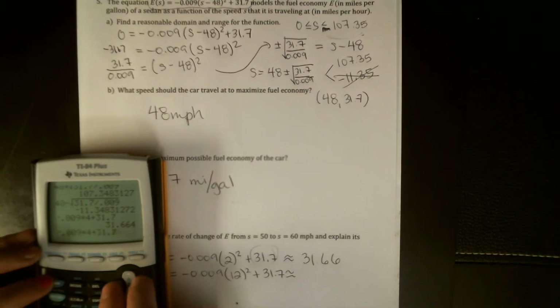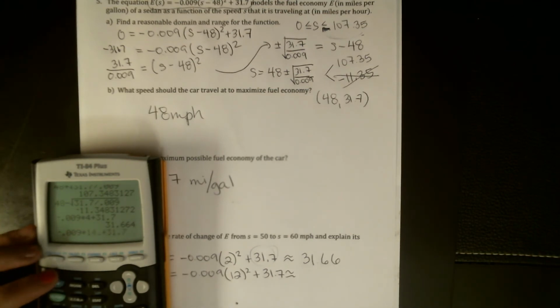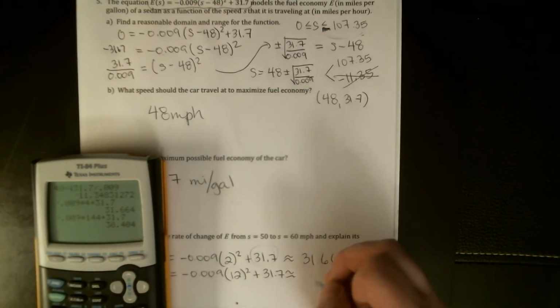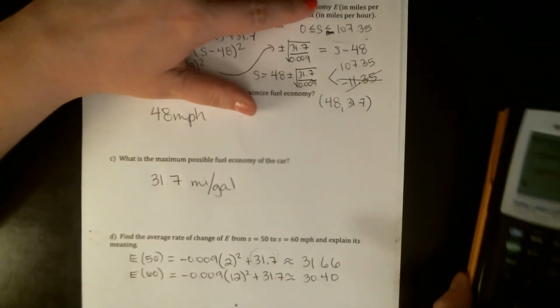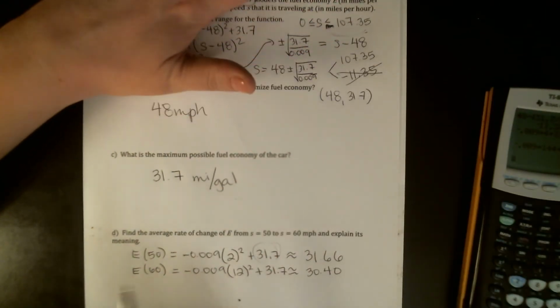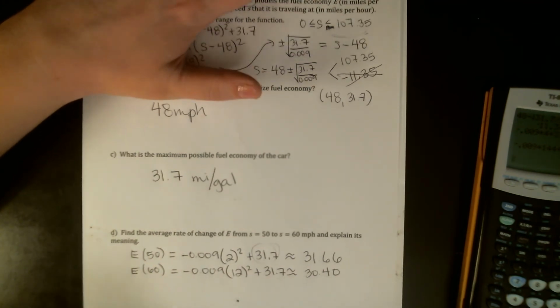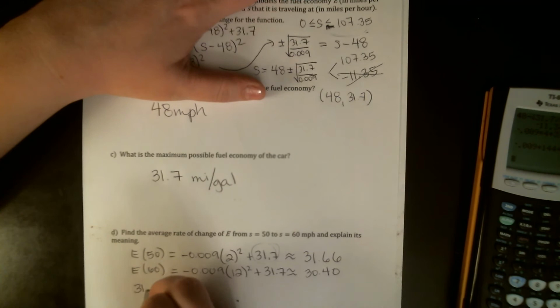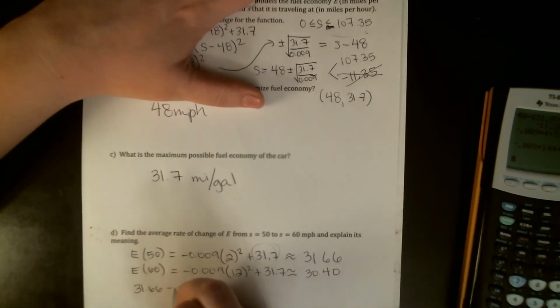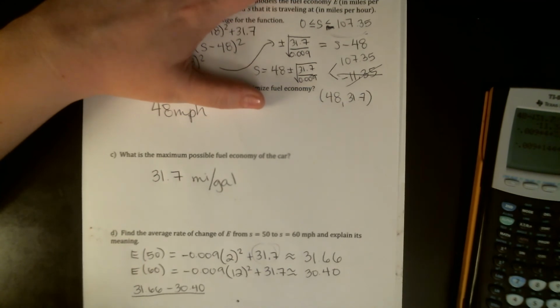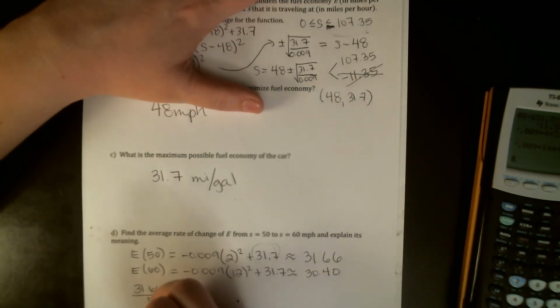And then same thing, but I don't want 4, I want 12 squared, which is 144. So this is 30.40. Okay, so now I've got 2 points, (50, 31.66) and (60, 30.44). I want to calculate the slope, so I'll take 31.66 minus 30.4 over 50 minus 60.